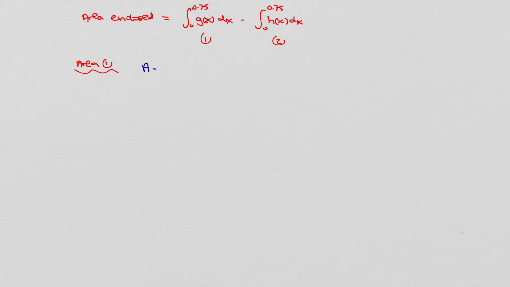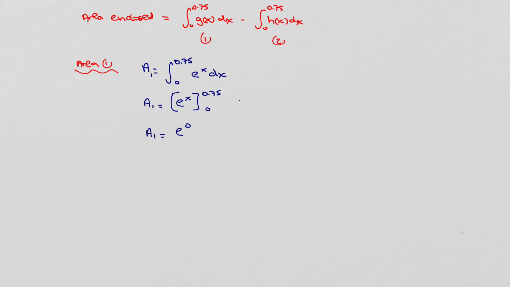So we say the area is equal to, so we're going to be integrating e to the x with respect to x, and our limits will be 0.75 and 0. So therefore, if I integrate e to the x, I just get e to the x, and then I need to sub in my value of 0.75 and 0.